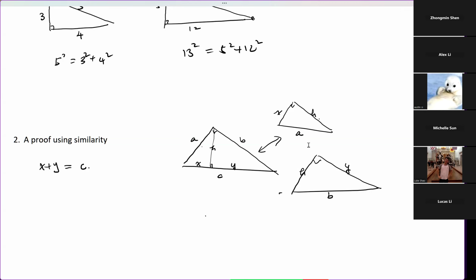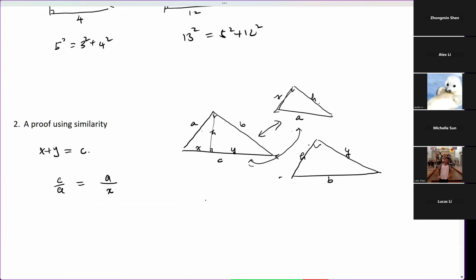Compare these two triangles: A to C, or C to A. So C over A equals A over X. I don't need to compare the other sides. That's the first one.